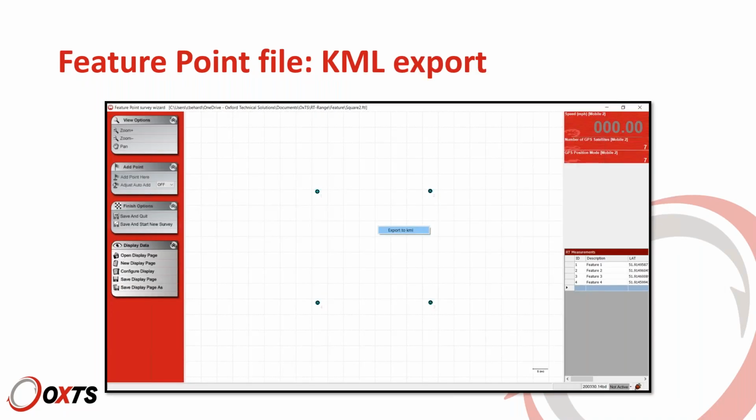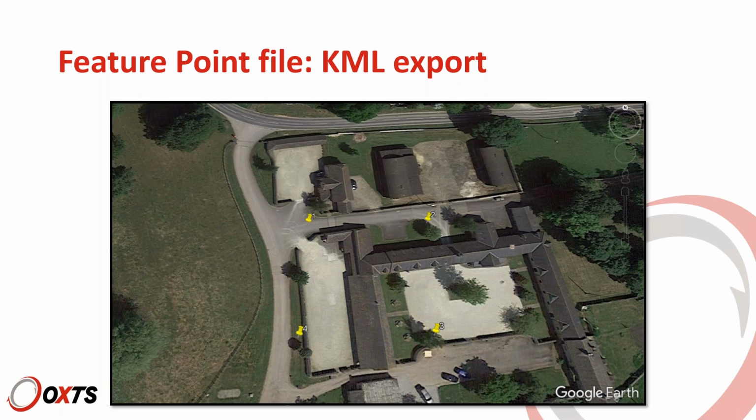And we've included the same functionality in Feature Point Survey. The Feature Point Survey tool is used for surveying the positions of key features on your test area. Once you've surveyed the positions of these features, you can do the same thing again. So right click on the export to KML option, and that will save the positions of those feature points and load them up into Google Earth as dropped pins.